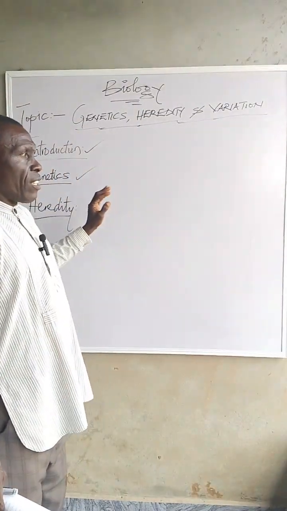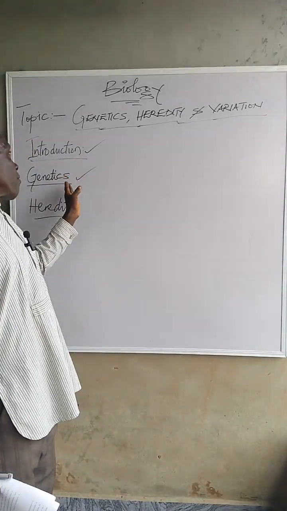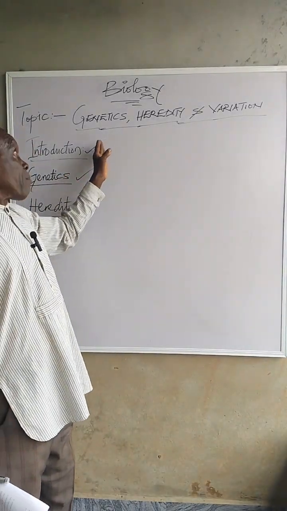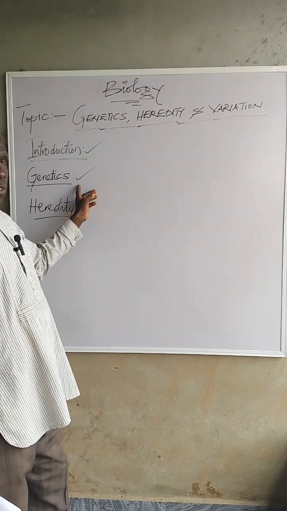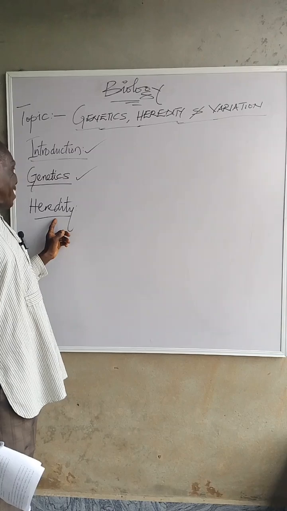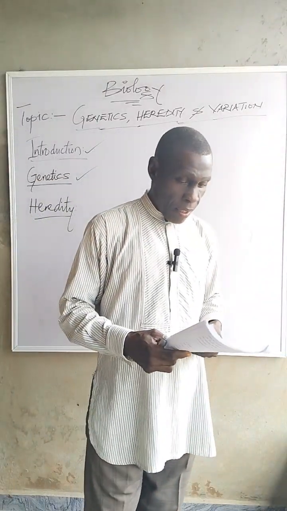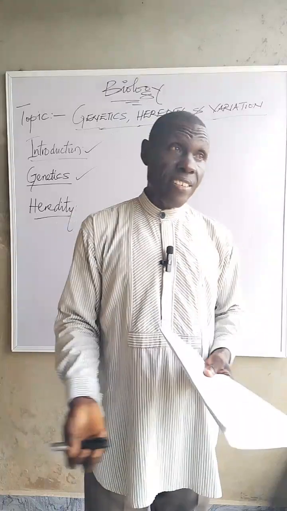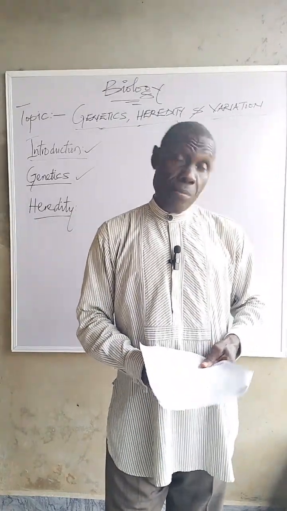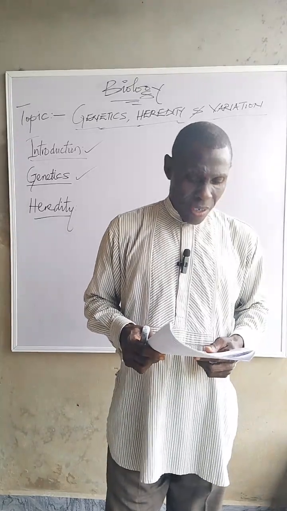I have discussed the introduction with you, and we have discussed one of the great variables here, which is genetics. And then right away, we discuss heredity. These are common words we have been hearing every day, even at school, even among discussions with our colleagues. So, what is heredity?